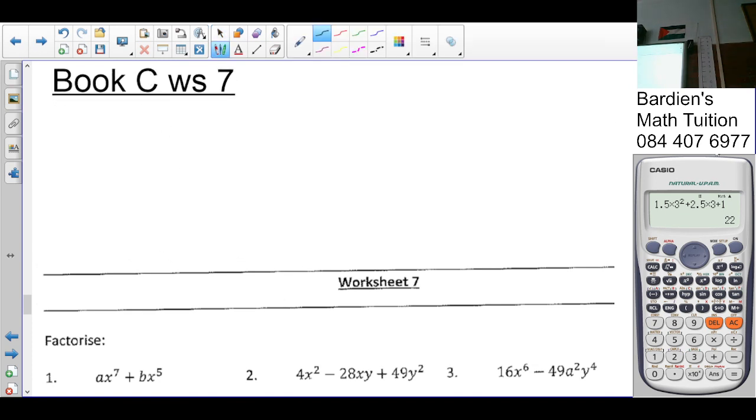Right, let's look at number 1. We've got ax to the 7 plus bx to the exponent 5. Right, what's happening here?